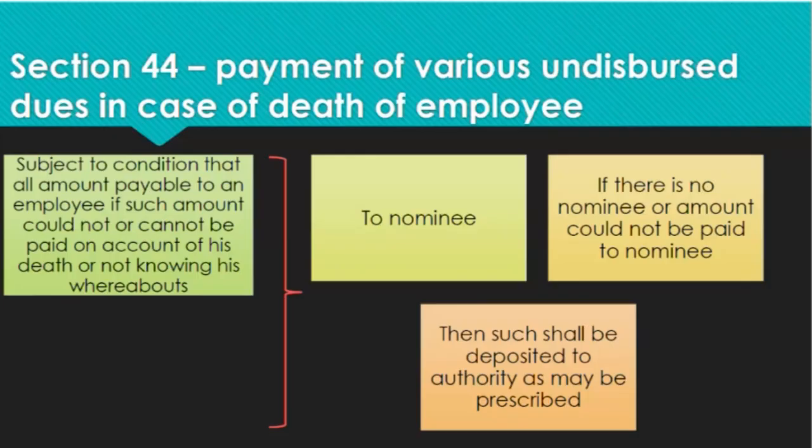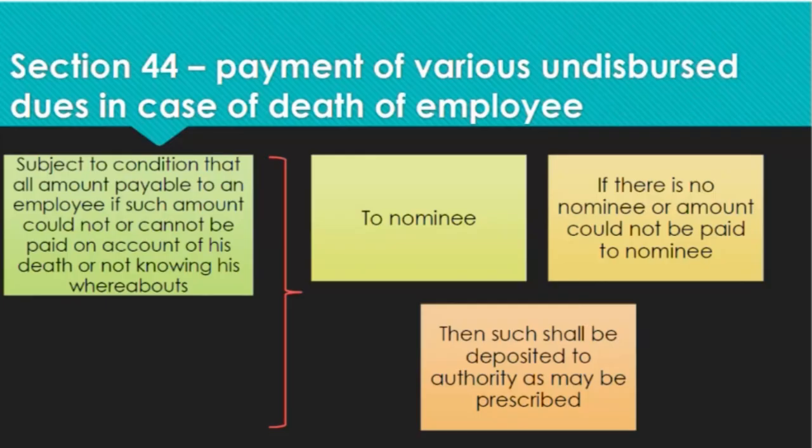Now, in case of death of an employee, to whom will the amount be paid? The amount that is due to this employee, bonus and wages, both will be paid to the nominee.